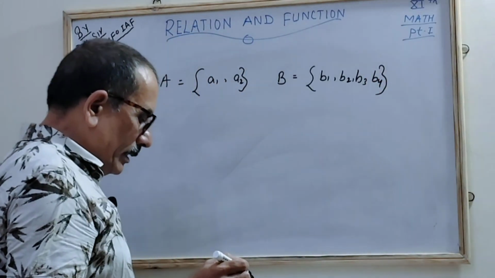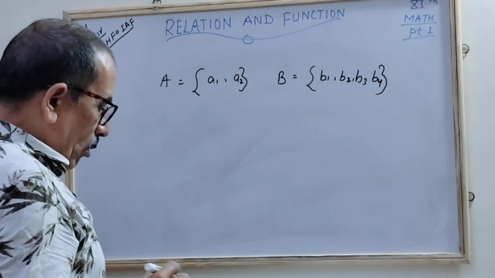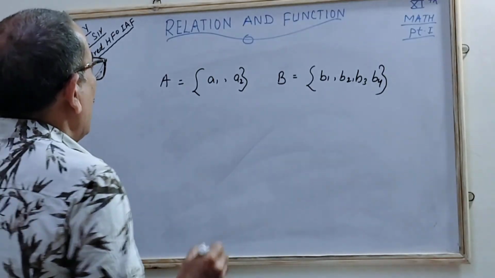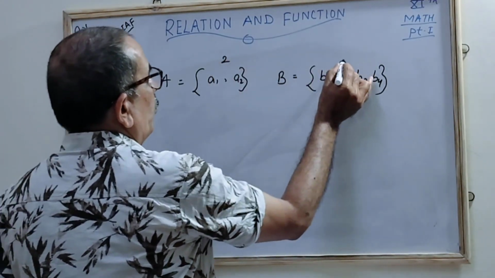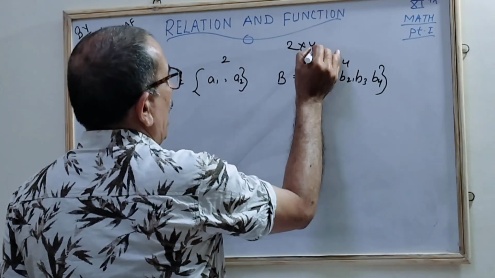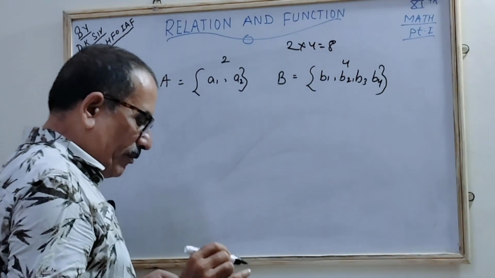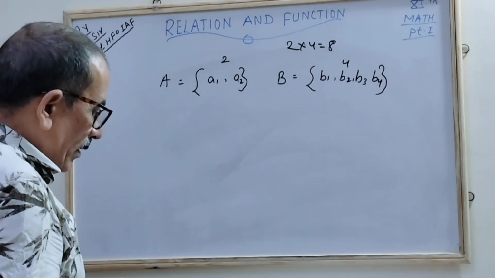So whatever pairs are formed, how many pairs will be formed? The 2 is here, 4 is here. So 2 into 4, how many will there be? The 8 will be formed. Am I right? 8 pairs will be formed.